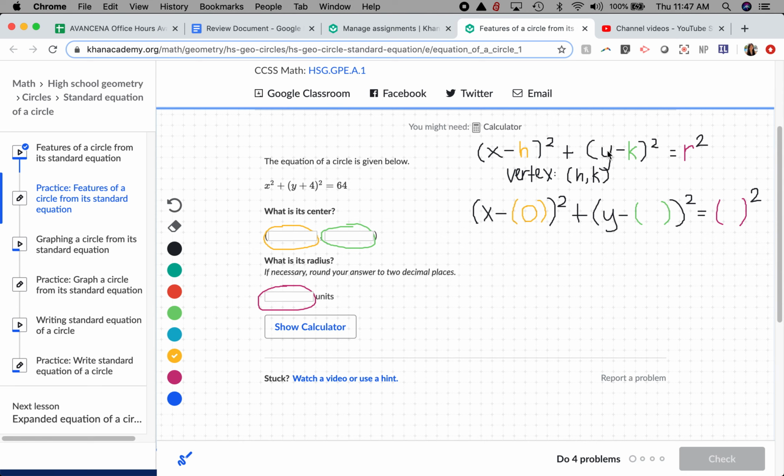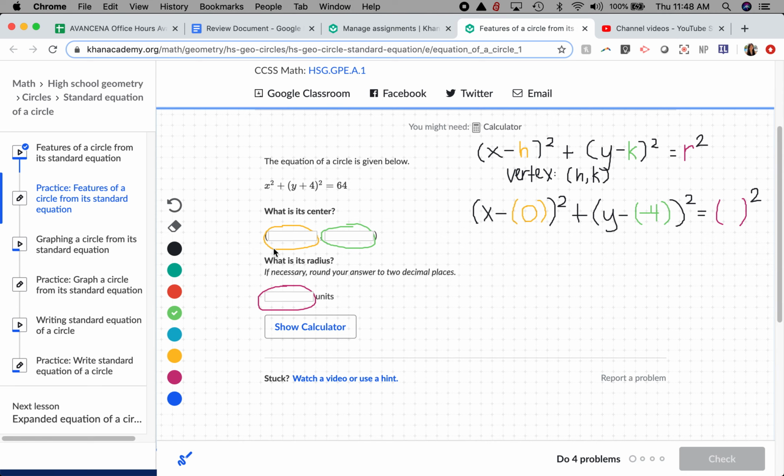Now, if I look at the standard form of a circle, I see that k is being subtracted. So I have to think, what should k equal so that the sign simplified becomes a positive? And I should know that that is a -4. Remember, y'all, negative becomes a positive. That's why k is -4.